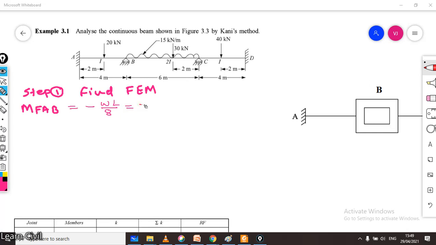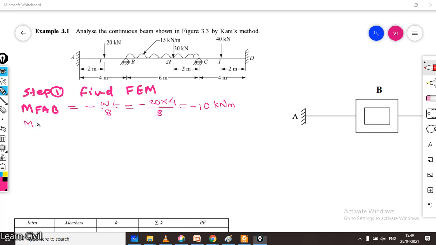So this is equal to minus 20 into L, where L is 4 meter, so 4 divided by 8. This will be equal to minus 10 kilonewton meter.